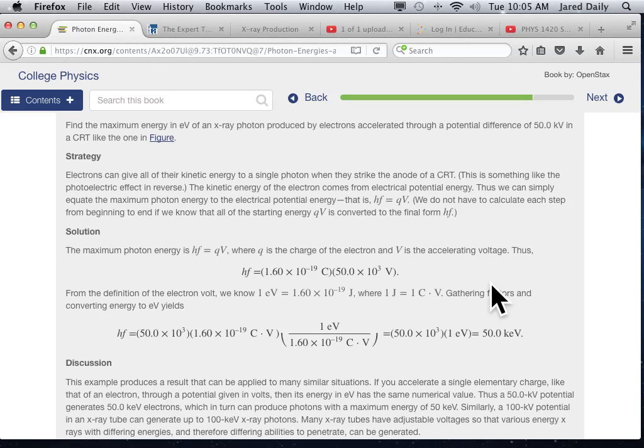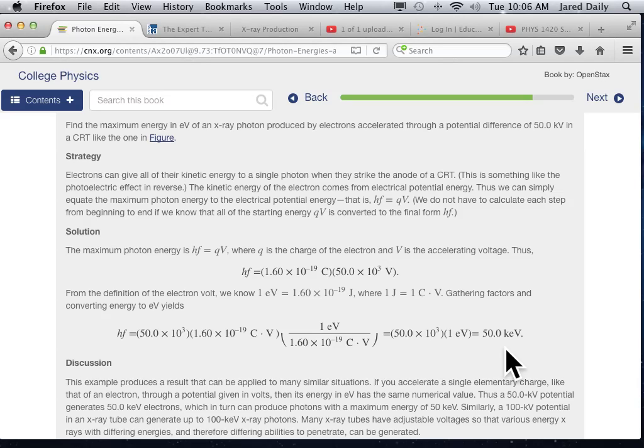This is used with electron volts, so you use 1.6 times 10 to the minus 19. It's just a different version of H for different units. Then you plug it all together, and you get 50 kilo electron volts for the energy of the electrons. For the energy of the photons.